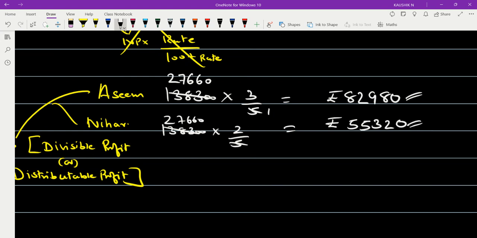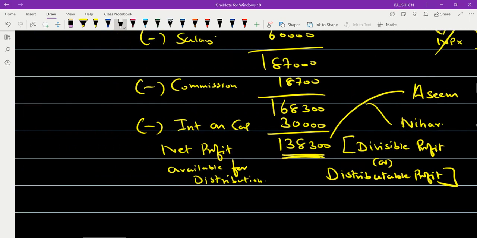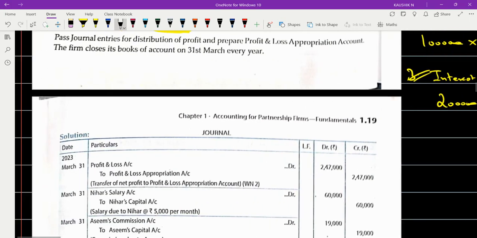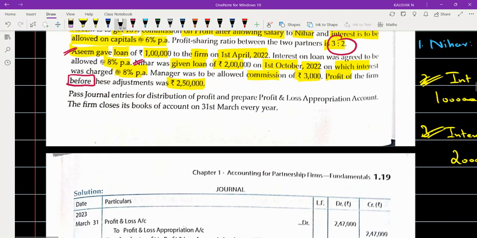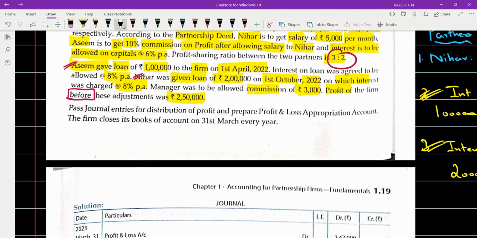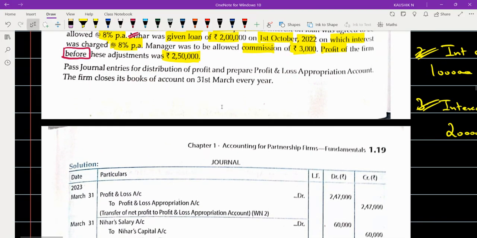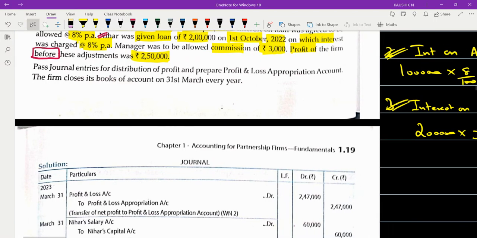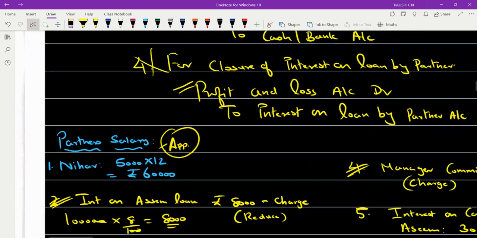Right. As they have asked you to calculate, we have done all the calculations. Pass the journal entry for the distribution of profit and prepare the P&L appropriation account. To prepare the P&L appropriation account and show all the items against each line item, we have calculated the working notes over here.